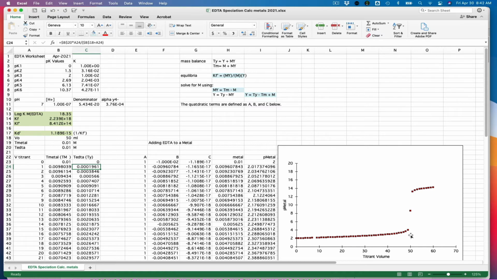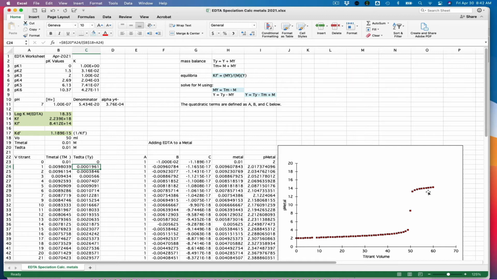Remember, we said that the equivalence volume in this problem was 50 mils. Then you get a very dramatic change in the metal concentration as the EDTA reaches a stoichiometric point and begins to complex all the metal. And then after that, you now have excess EDTA, and your metal concentrations are now quite small.